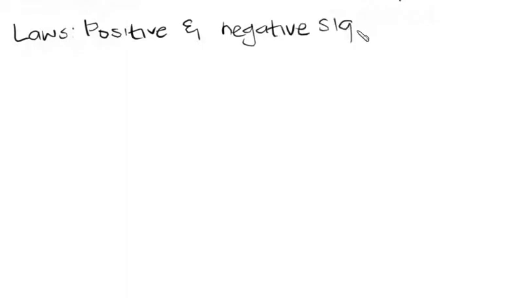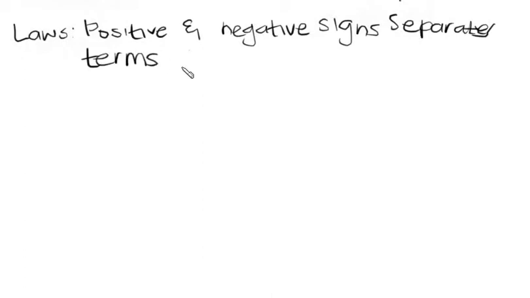If we look at our law for this particular lesson, it is that positive and negative signs separate terms from one another. Right, and those can be the only two things that separate terms from one another.